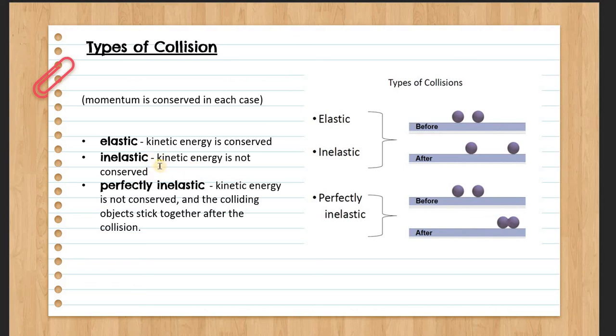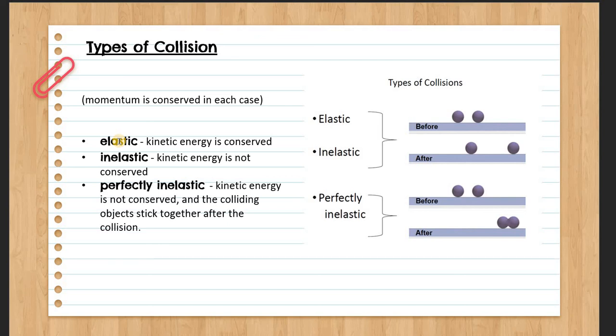What happens to the kinetic energy? It can be transferred to other objects. Okay? It can be released on the surrounding. So, lastly, we have perfectly inelastic collision, wherein kinetic energy is also not conserved, but the colliding objects stick together after the collision. Okay, so for elastic and inelastic collision, right after the collision, they will be separating or moving away from each other.